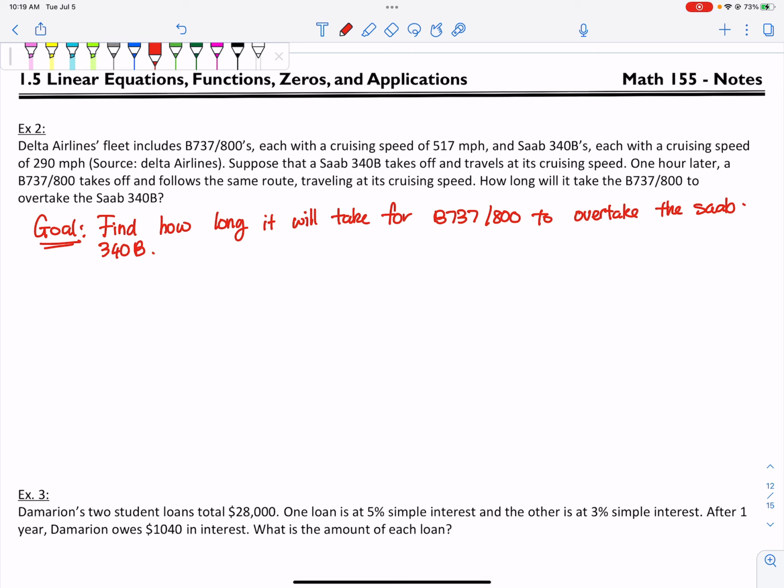And how long means I'm looking for time. So time equals, and skimming through this paragraph, I see a lot of MPH, hours. So the units for time here would be hours.